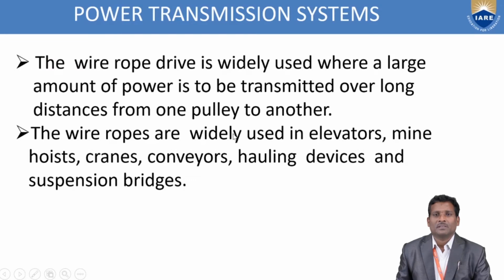The wire rope drive is widely used where a large amount of power is to be transmitted from one pulley to another pulley over long distances. We can use wire ropes up to 150 meters apart, but fiber ropes only up to 60 meters apart. That's why wire ropes are widely used in elevators, main hoists, cranes, conveyors, hauling machines, and suspension bridges.